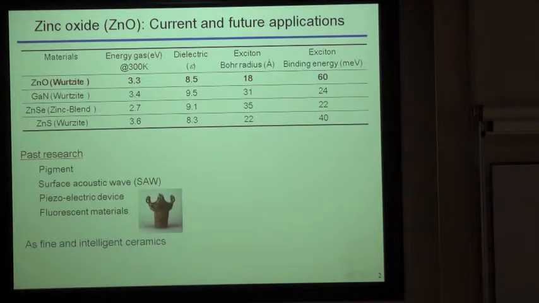And zinc oxide itself is a very old material. In very old days, it was used as a pigment of white paint. Nowadays it is also widely used in surface acoustic wave piezoelectric devices. Fluorescent materials are also available, always combined with zinc oxide.